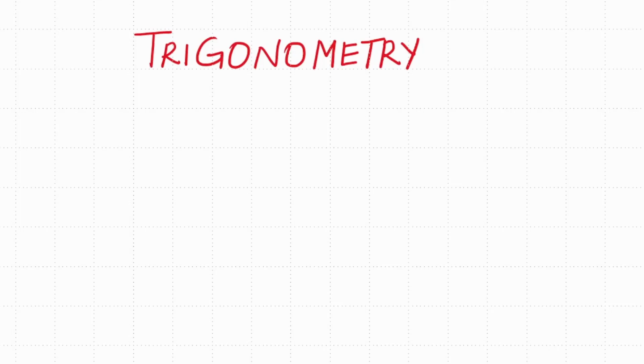Hello everyone, today we'll be learning the chapter Trigonometry of class 10, and let us understand the meaning of the word trigonometry. Let us divide the word trigonometry into three parts. First we'll divide tri, then gon, then metry. Tri means 3.